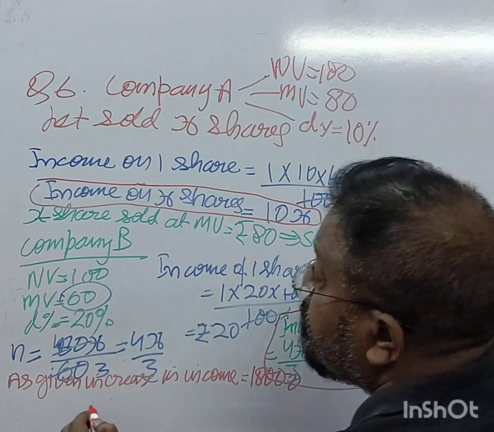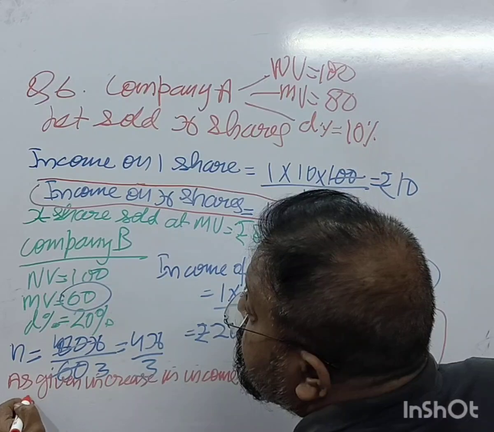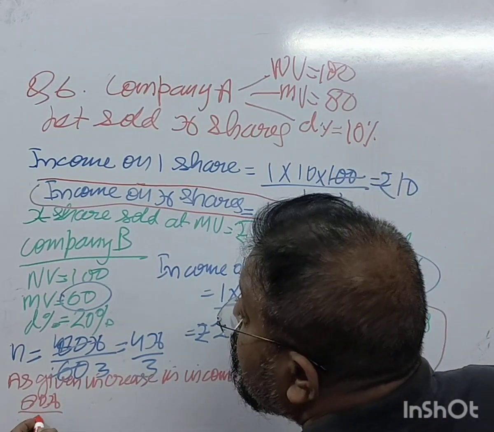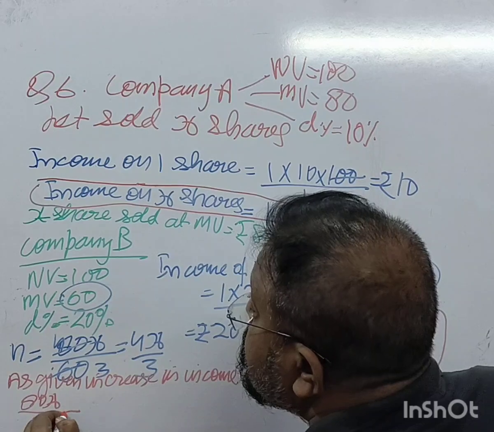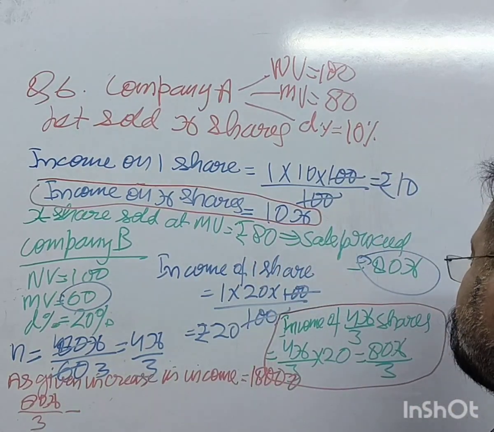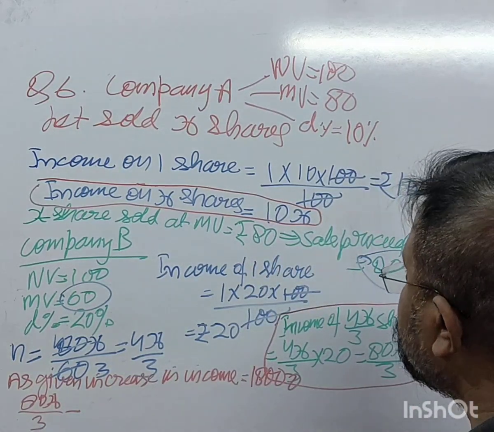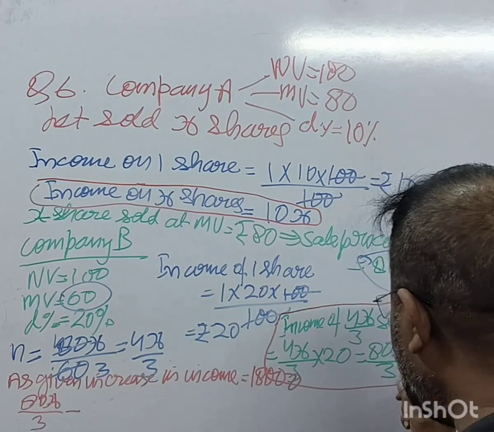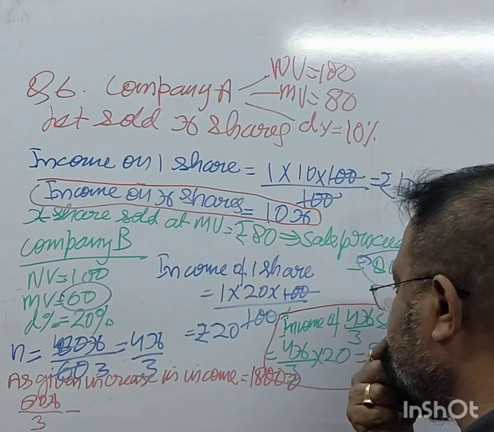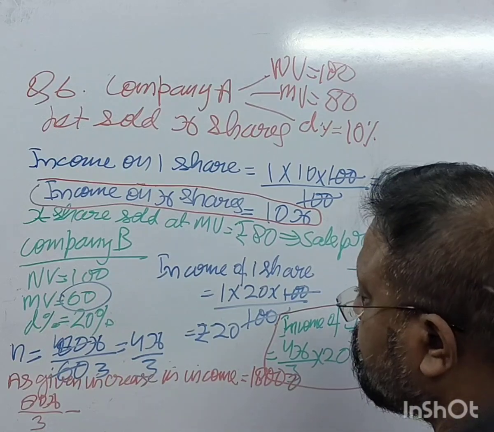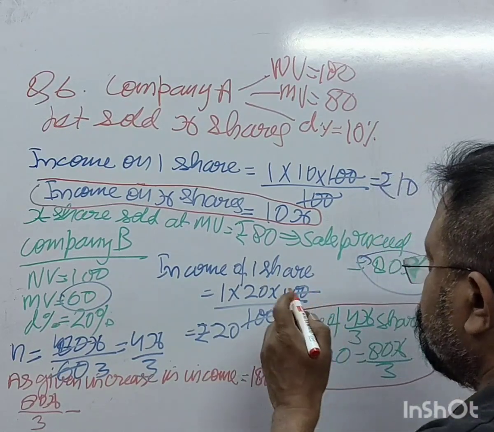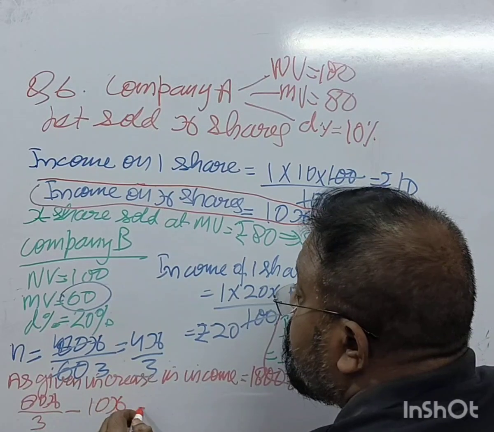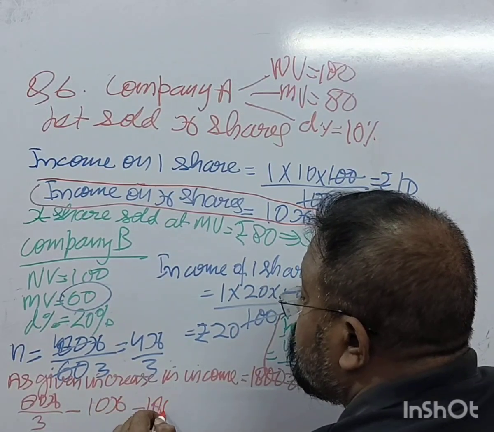So it means 80x upon 3 minus 10x is equal to 18,000.